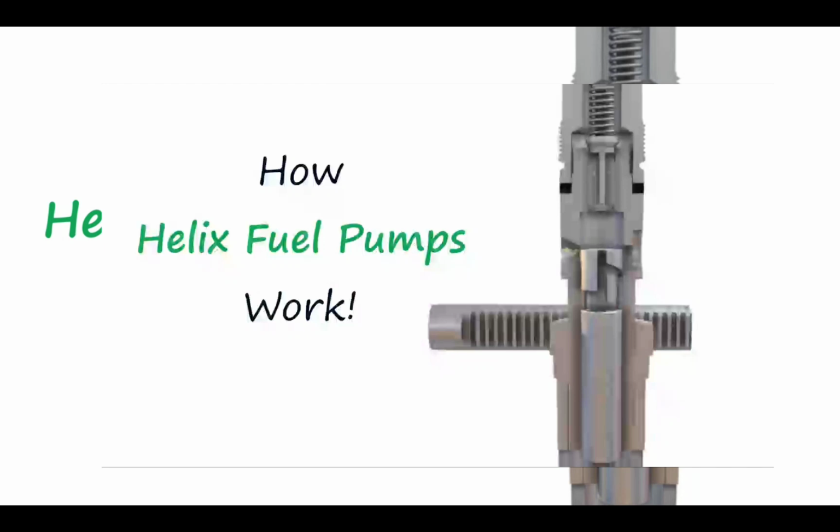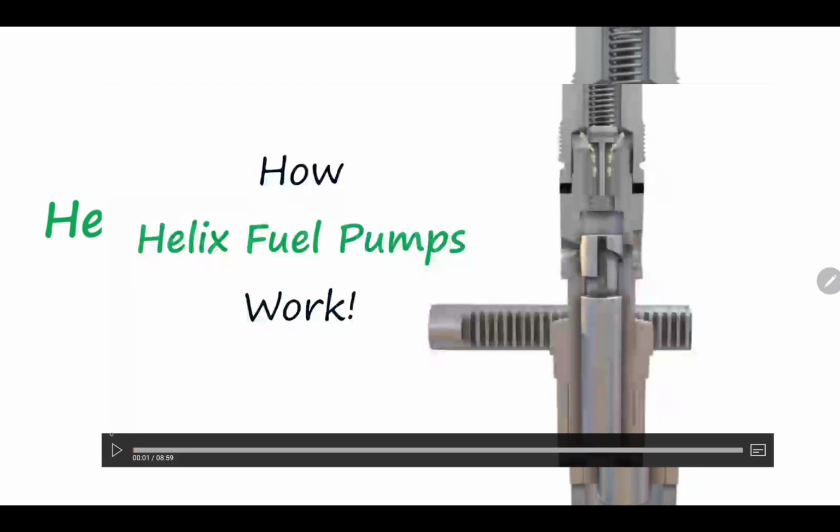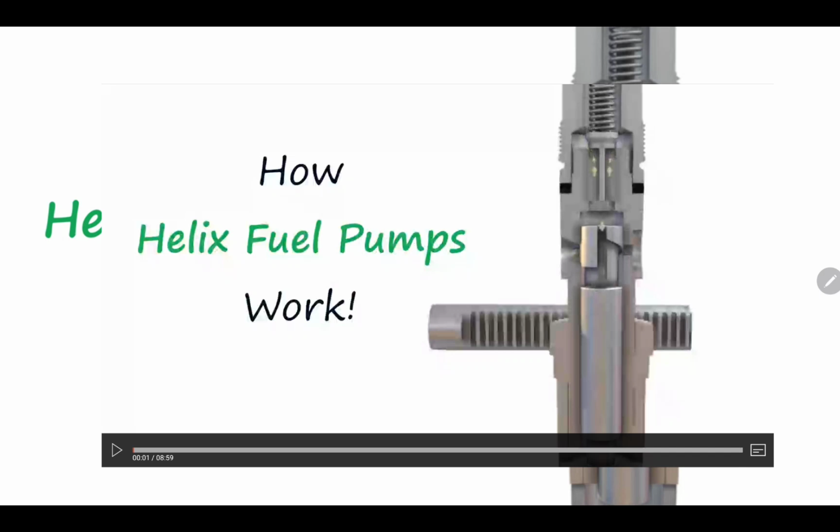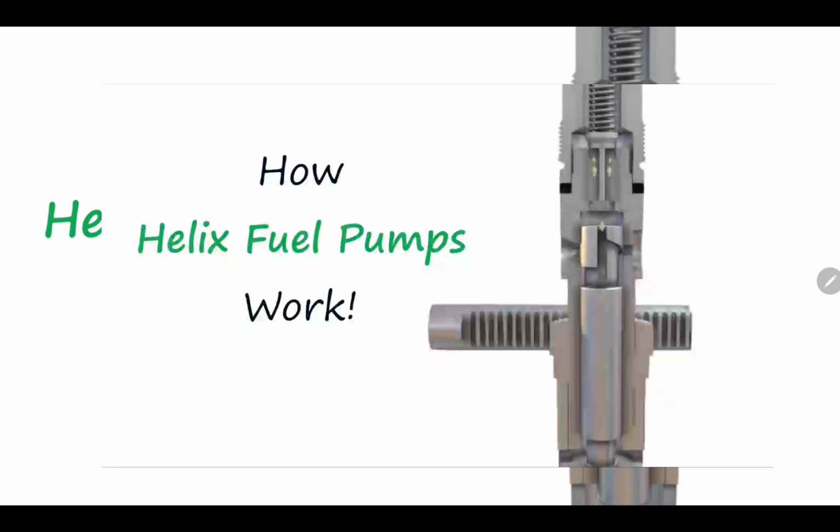Okay? So as it moves up, the fuel has no place to go but through the check valve, the delivery valve, and to the injector. But as soon as the helix opens the return port, the excess fuel above the plunger can't move upward again. Okay? Because the injection is at very high pressure.